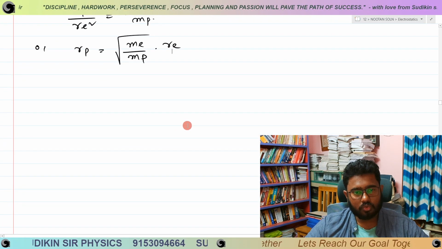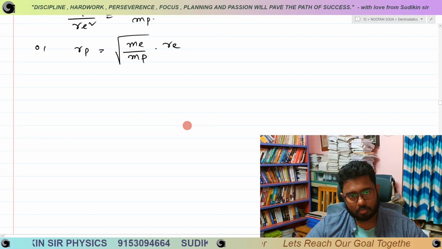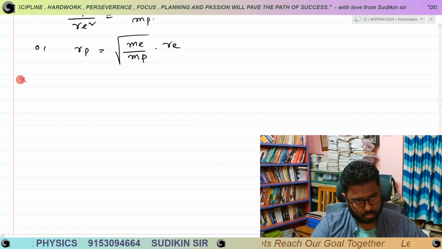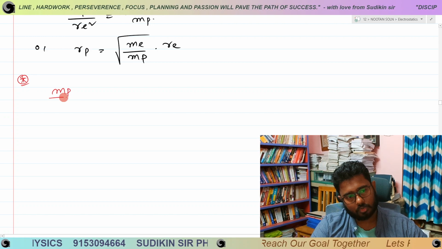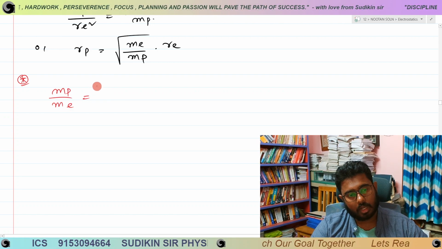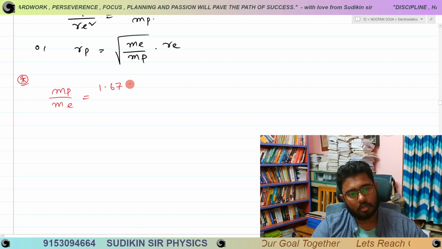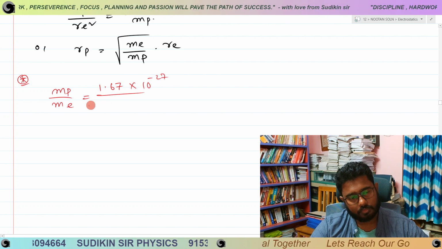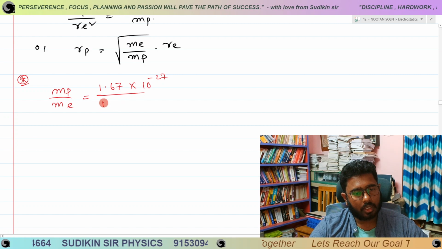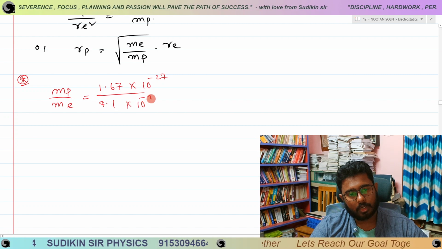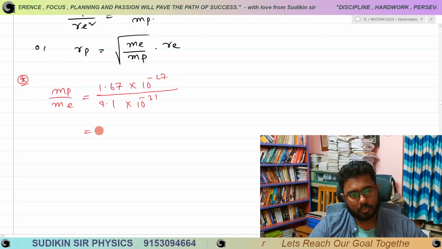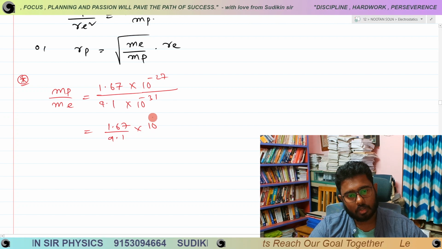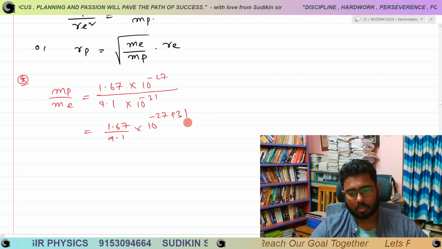Now I need to make sure that you know this thing. What will happen if I divide? Now this is a note: mass of proton by mass of electron. See, mass of proton is 1.67 into 10 to the power minus 27 kg. Mass of electron is 9.1 into 10 to the power minus 31 kg. So if we divide them, we get 1.67 by 9.1 into 10 to the power minus 27 plus 31.